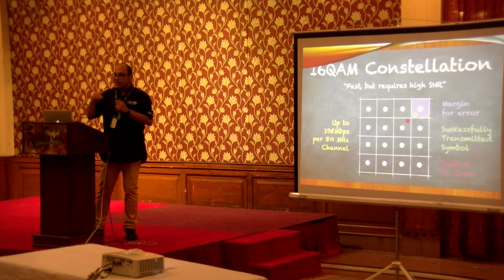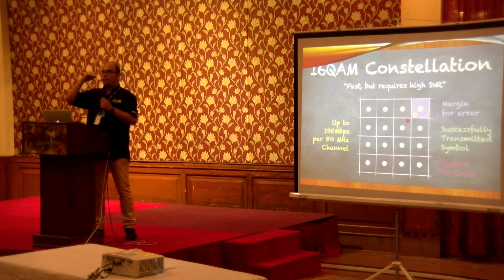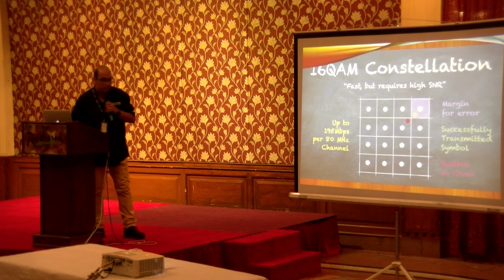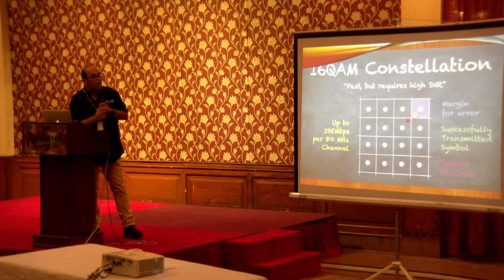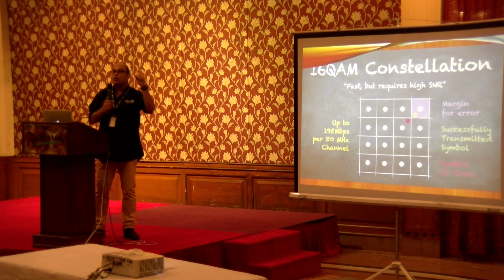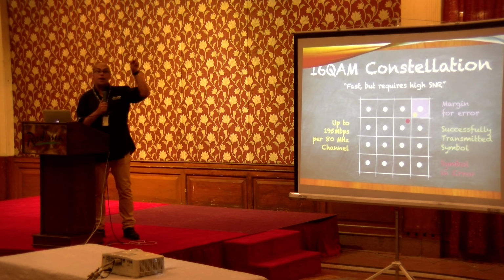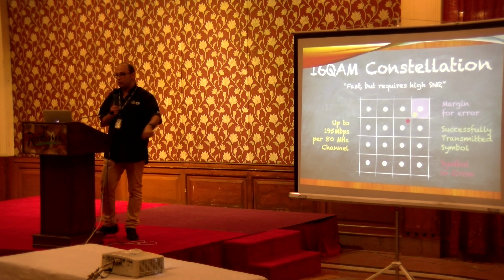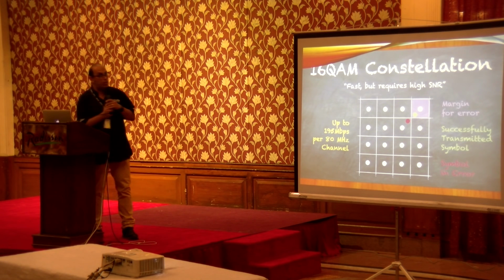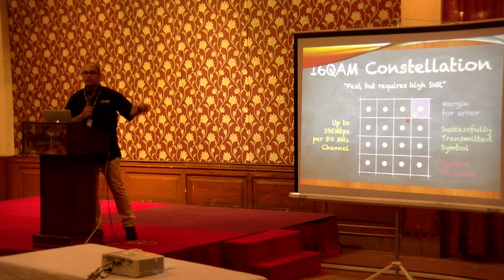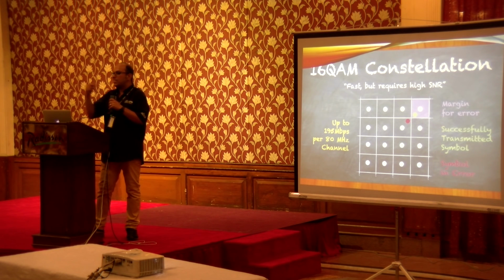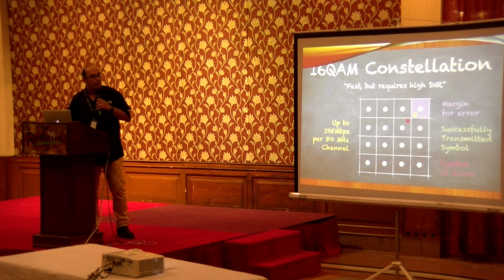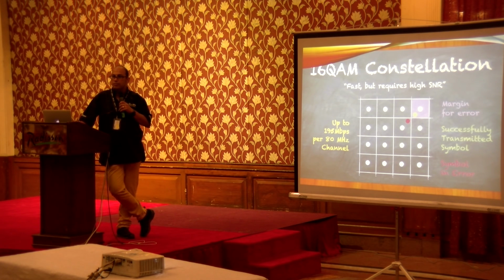Now, 16 QAM, 64 QAM, 128 QAM, these are advanced modulations. 16 QAM means 16 quadrature amplitude modulation, not phase, amplitude modulation. This is another type of modulation, but 16 means at the same time you can transmit 16 symbols. In each symbol you can have 4 bits.